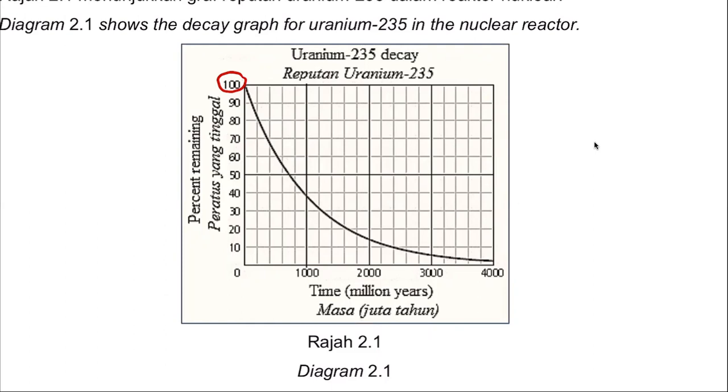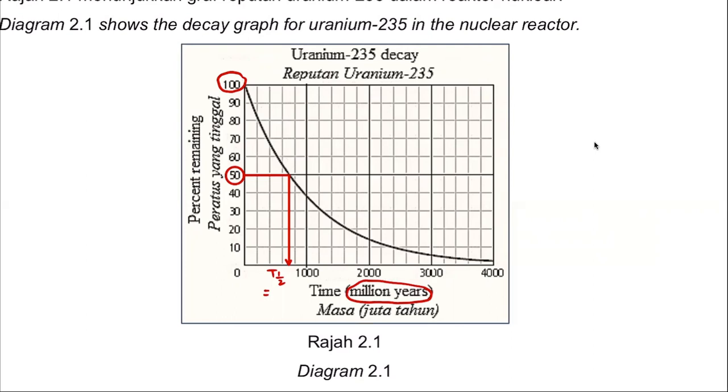So from there, you use your ruler. This is the half-life. So you use your ruler and then do some interpolation. So this would be the value of your half-life, which is around 700 million, because the time is measured in million years.